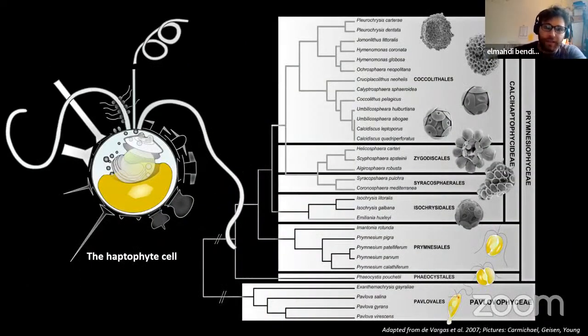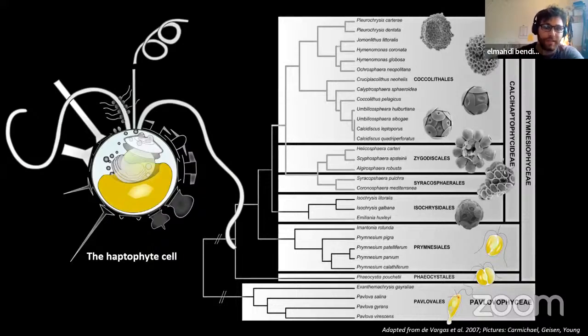If we look at the haptophyte cells, it's again another pattern of diversity where we have different shapes of scales, structure, different flagella. The main feature that is common for all haptophytes in terms of structure is the haptonema, which is another appendage that is not structured like the flagella.